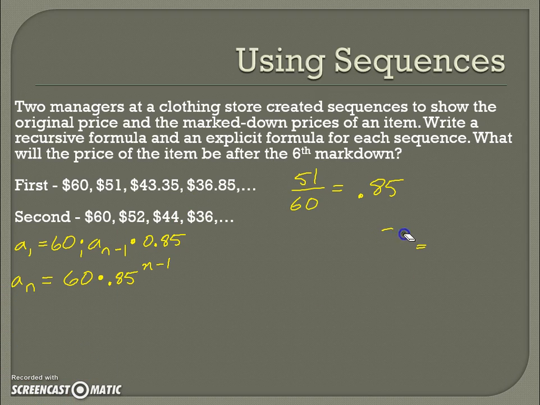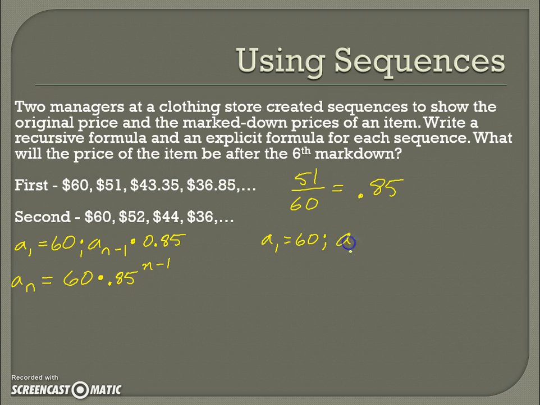So we have to think way back to whatever chapter that was. I don't remember what it was off the top of my head. And that's what we're going to be writing on this one, the arithmetic sequence. So we'll start with our recursive formula, where I identify the first term. So this is A1 equals 60.